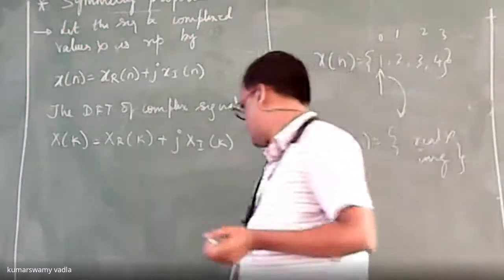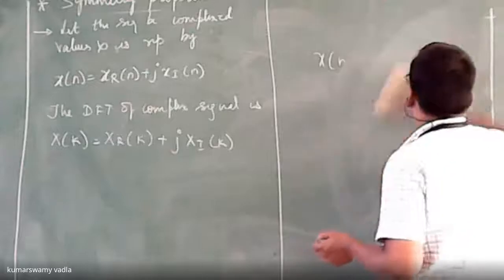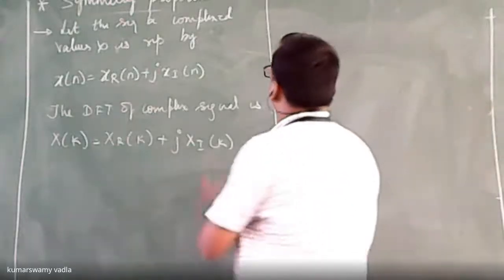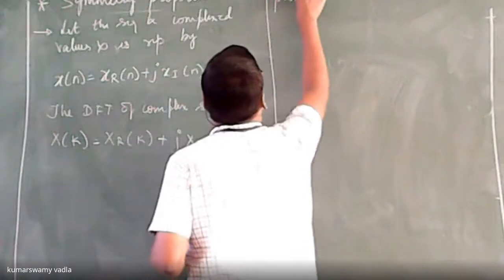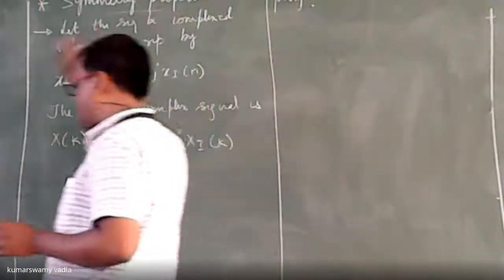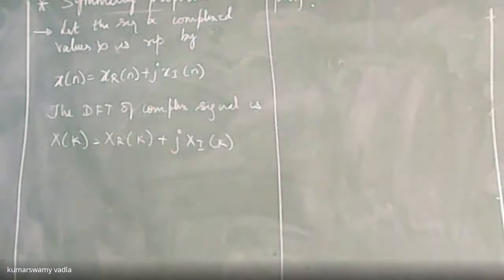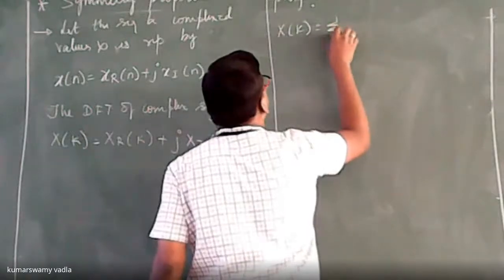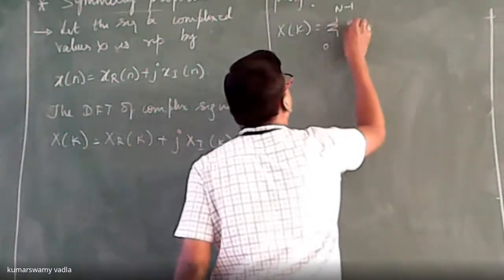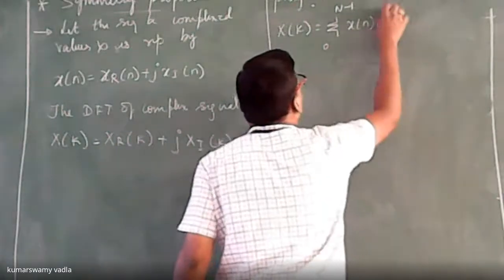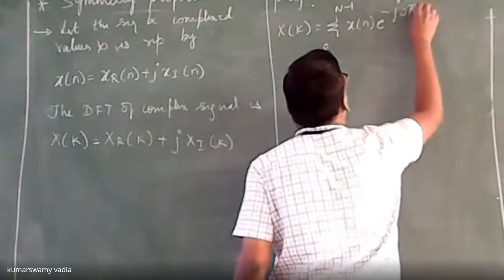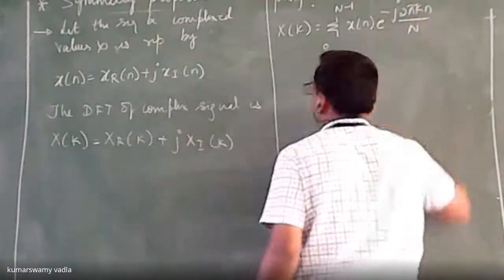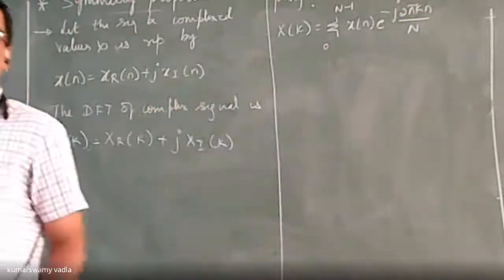Okay, then coming down to this part, note down that under proof, please note it down as by definition, capital X of k is equal to summation 0 to N minus 1 x of n e power minus j 2 pi k n divided by capital N. This is by definition.